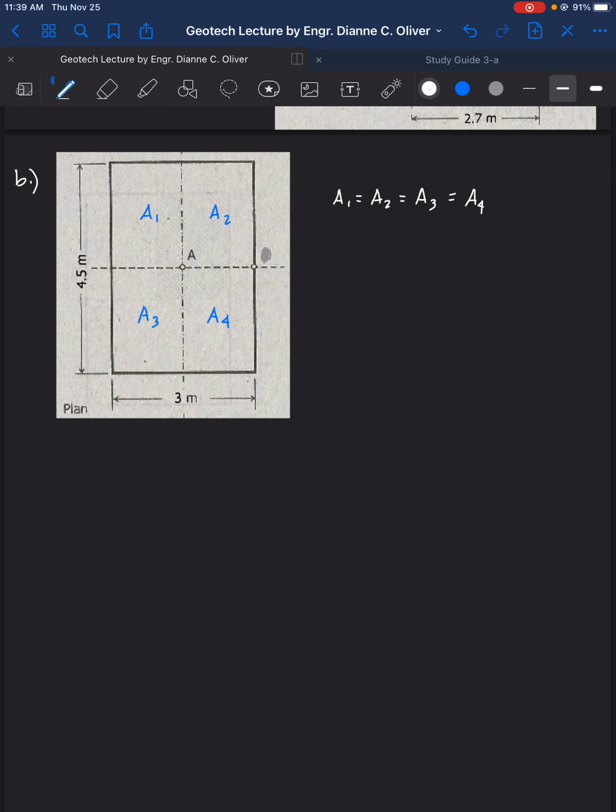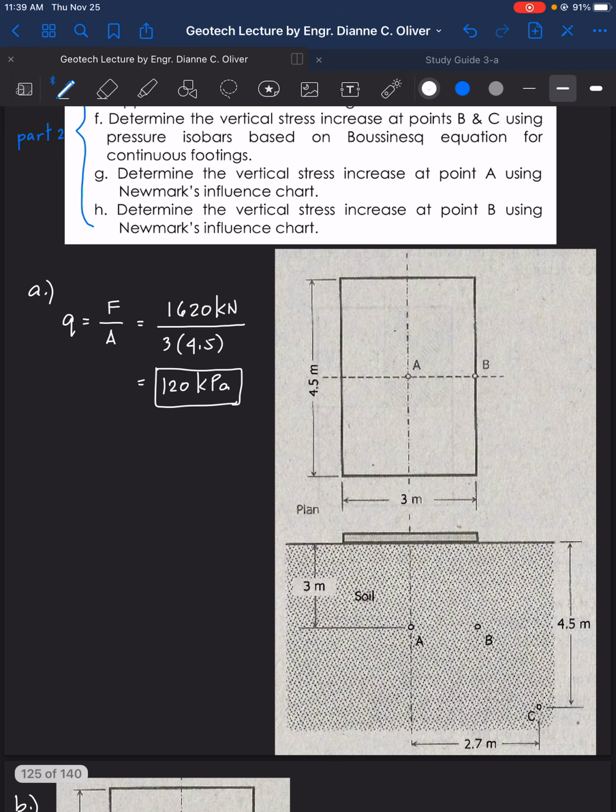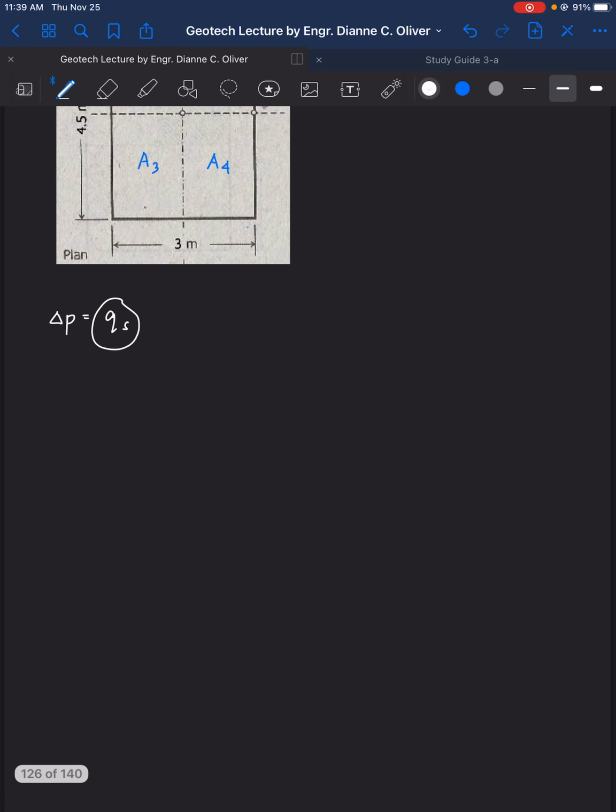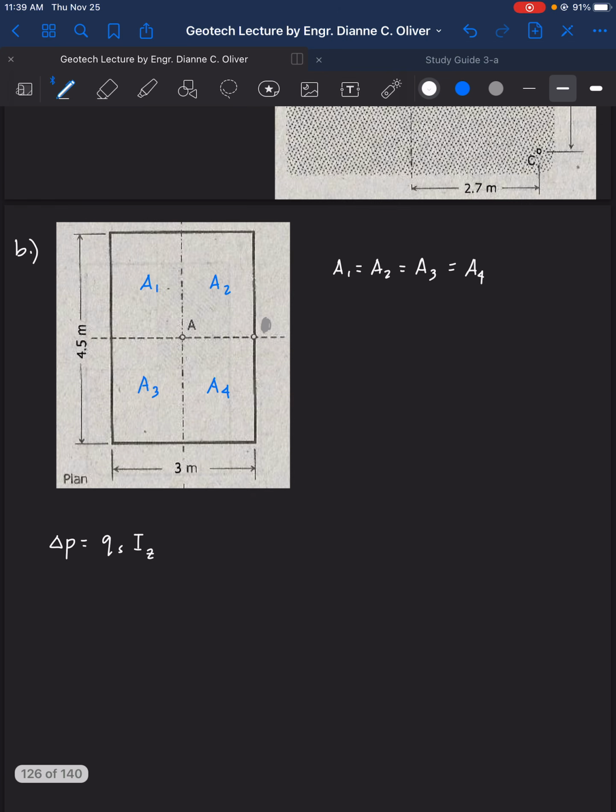So what's the formula that we are going to use again? We're going to use delta P is equal to q_s. Our q_s here is what we have solved a while ago, the soil stress, still the same, q sub s, times I sub z, and then we will multiply that by 4 because delta P1 is equal to delta P2 is equal to delta P3 is equal to delta P4.